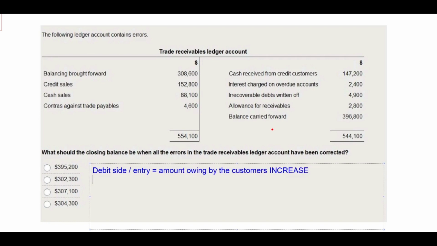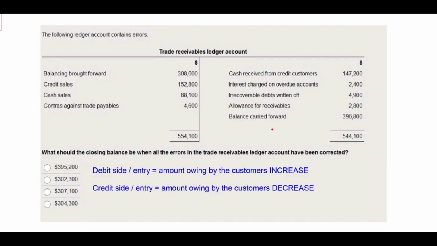Now then, on the other hand, for the credit side or the entry, these would be the amount owing by the customers, and here we get to see a decrease. So we understand that the above items have to be rearranged in such a way.